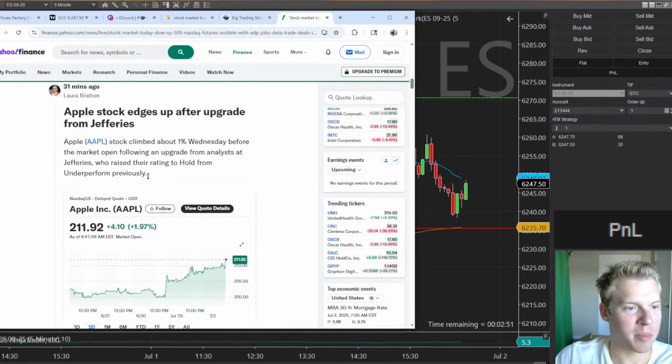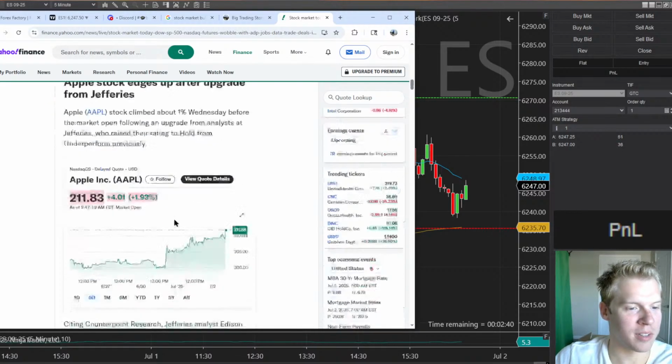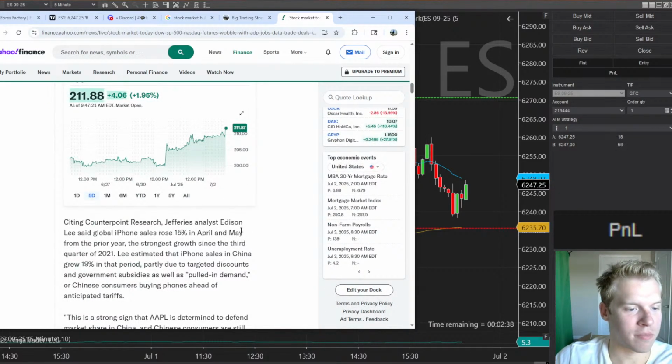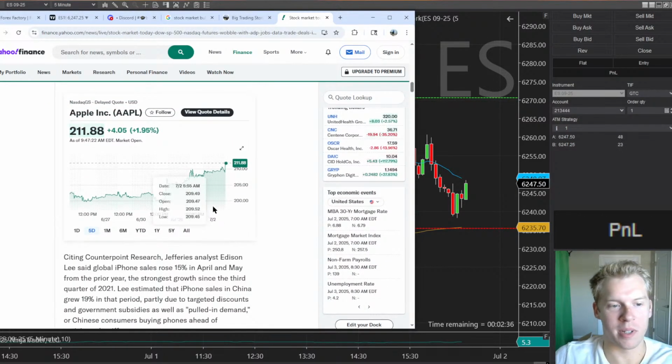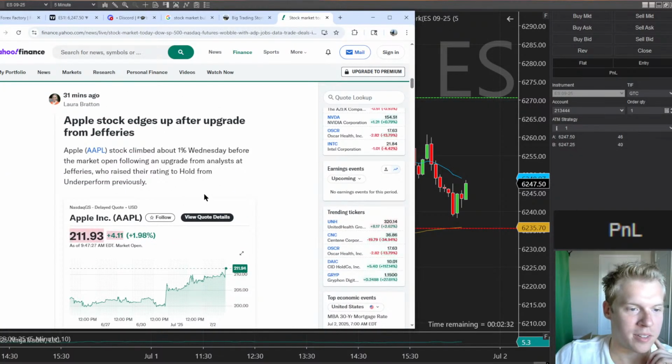So Apple's up some. It's interesting. So they say Apple's up because an analyst upgraded it from underperform to a hold. I mean, it would really surprise me if one analyst could have that much weight.